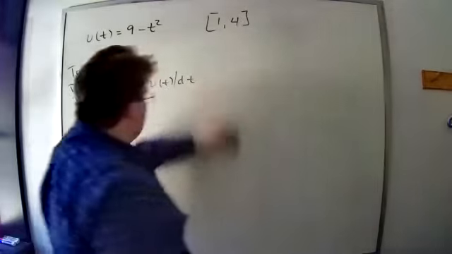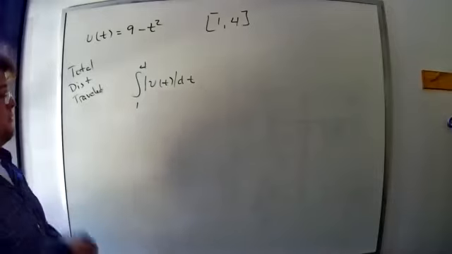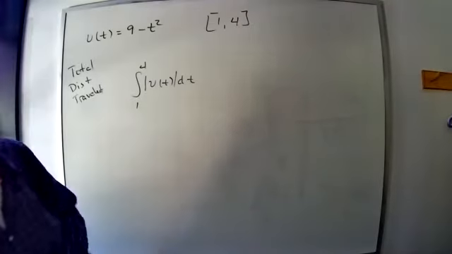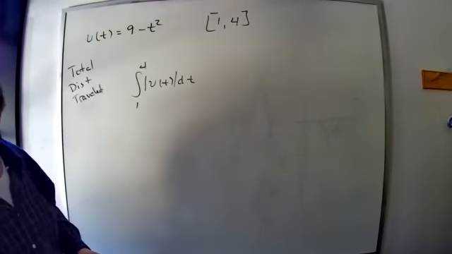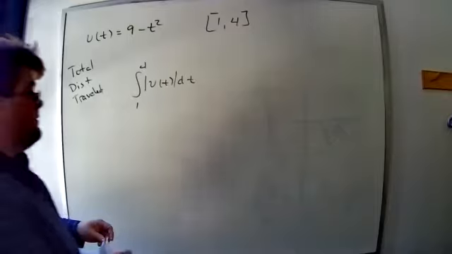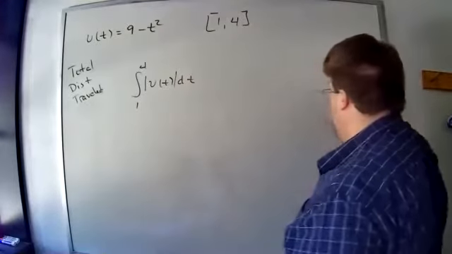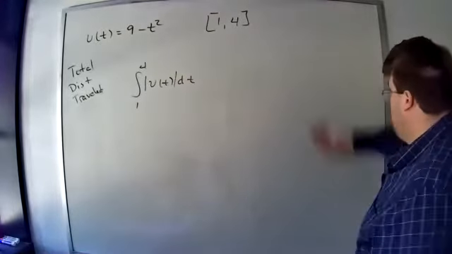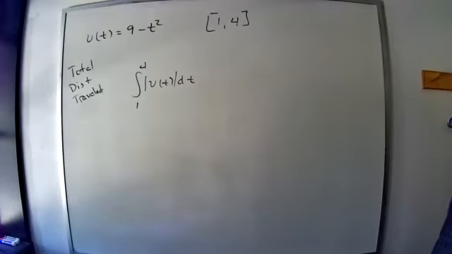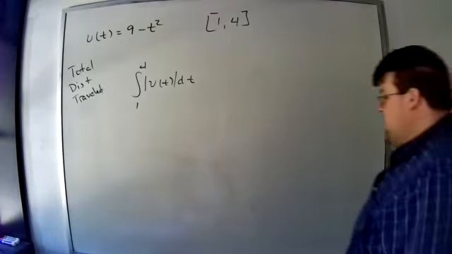And evaluating that integral is much more complicated than evaluating without the absolute value, unless the function is always above the x-axis, then it's about the same. So how are we going to integrate an absolute value?